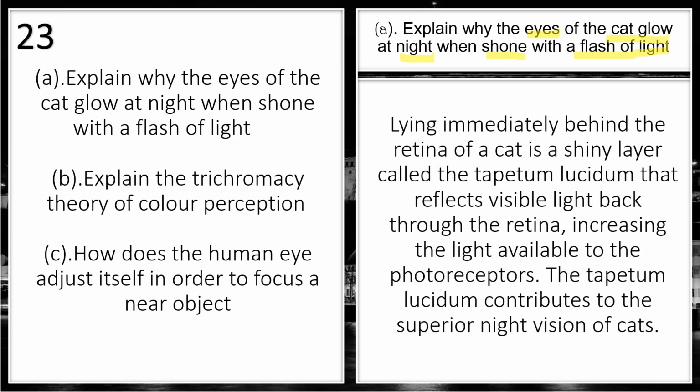Lying immediately behind the retina of the cat is a shiny layer called tapetum lucidum that refracts visible light back through the retina, increasing light available to the photoreceptors. Tapetum lucidum contributes to the superior night vision of cats.